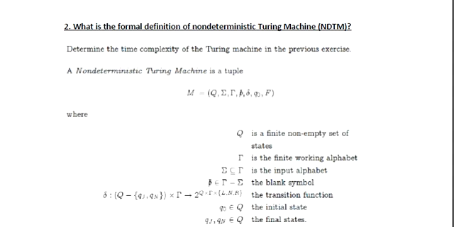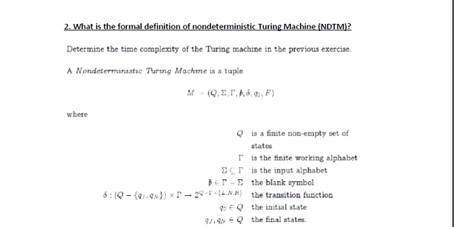Gamma is the finite working alphabet, where the input alphabet sigma belongs to gamma, and the blank symbol belongs to gamma minus sigma. The blank symbol is in cells where no input was ever written, and the tape's leftmost cell is called the blank symbol.